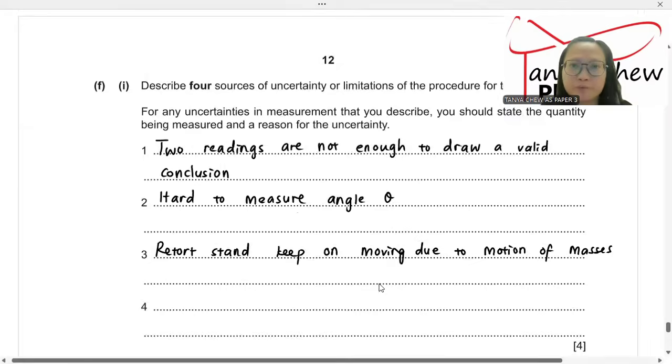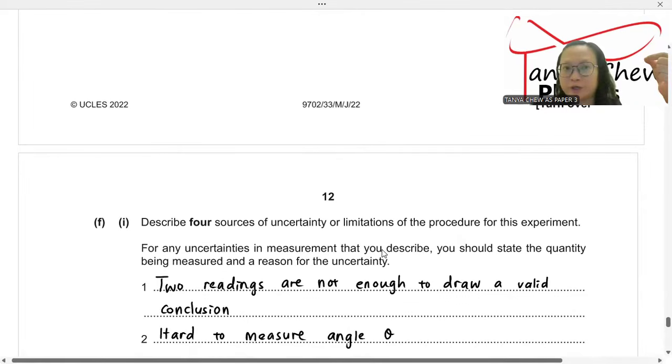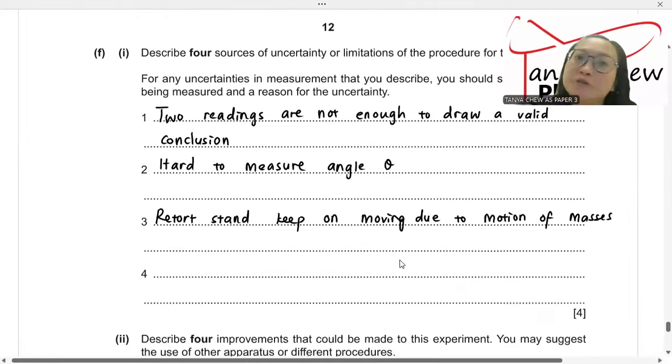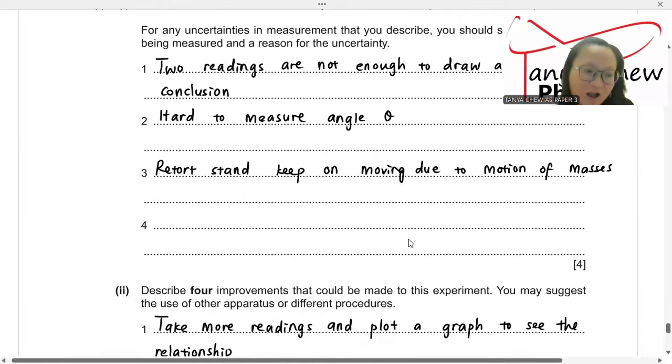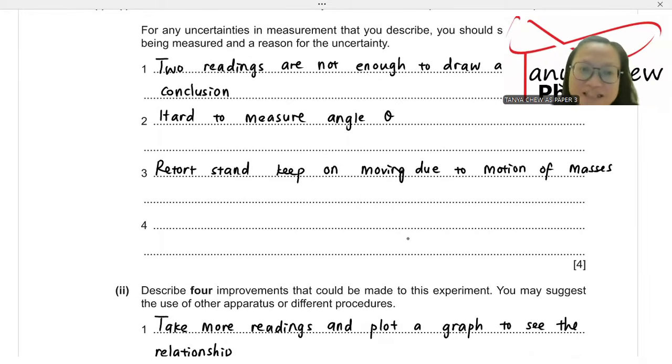And then you should remember when you hold the string initially, you have to hold it as horizontal as possible. How do you know that that is horizontal? Hard to judge whether the string is horizontal. That is my last one.